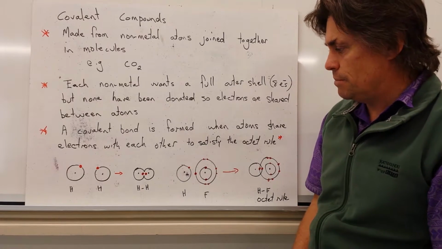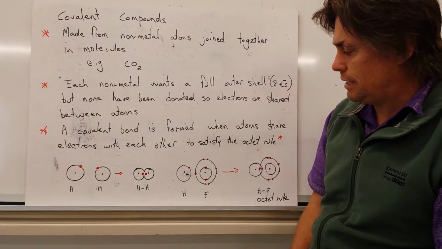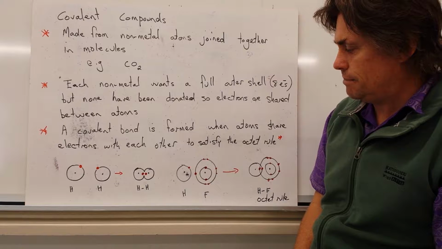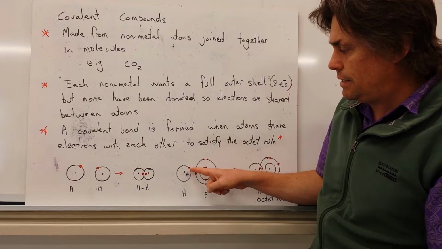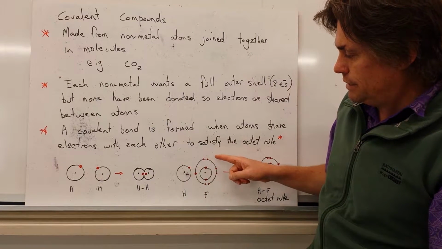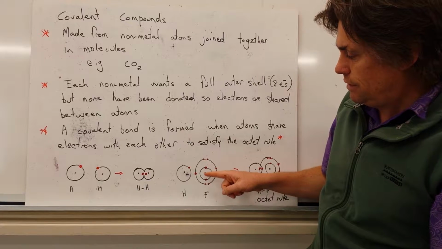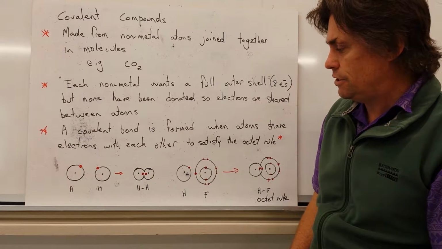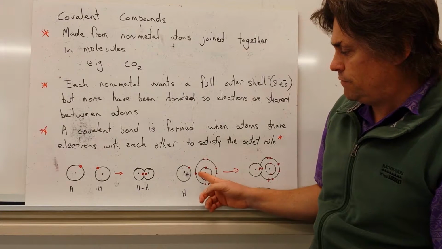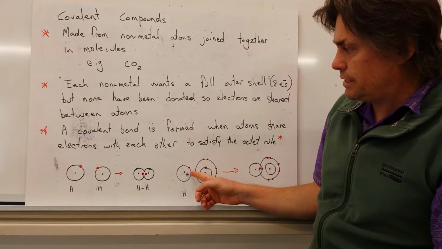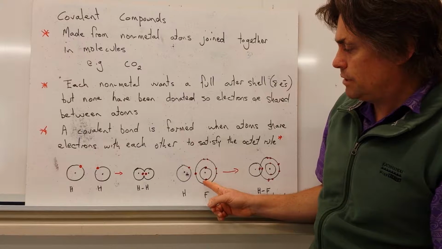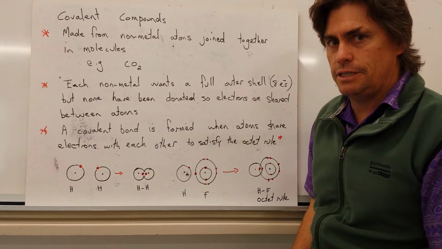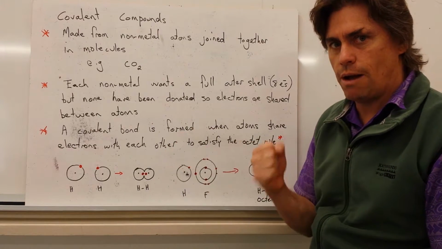So let's look at something a bit more complex. We've got hydrogen once again, and we have a fluorine atom. Hydrogen contains 1 electron, fluorine contains 2 on the inner shell and 7 on the outer shell to give us 9 electrons in total. As we said before, the hydrogen is an exception to the octet rule, but the fluorine wants 8 electrons in the outer shell, so it wants to grab one.